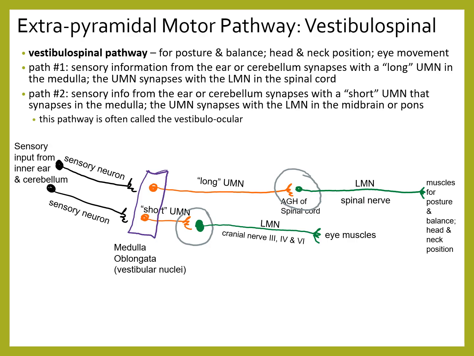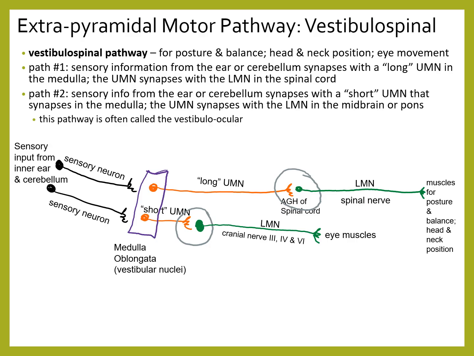It's a very long upper motor neuron because it's going to travel through the spinal cord and end up synapsing with a lower motor neuron somewhere along the spinal cord in the anterior gray horn. The lower motor neuron's axons are then going to come out of the spinal cord and form the spinal nerves, and these spinal nerves are going to end up in muscles for posture and balance. They're going to end up at muscles that control head and neck position. That's the major pathway of the vestibulospinal pathway.